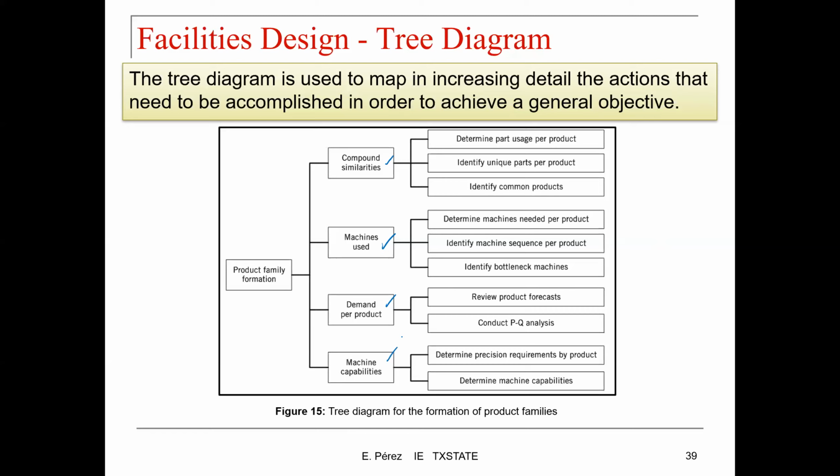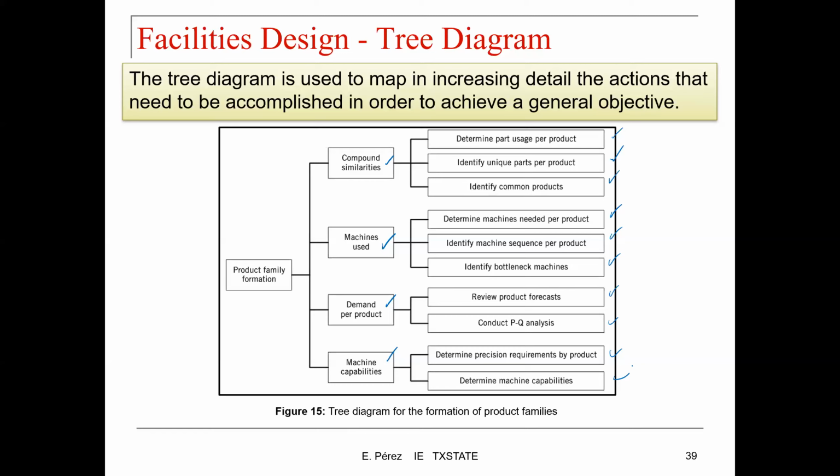And then as you move towards your right, you'll see that those 4 key actions can be split into smaller actions. Those are listed here at the right of the figure. So the usage of the product, unique parts per product, identifying common products. That's what you want to do by finding these families, because when you go to production, you can produce these multiple products that are part of the same family without having to perform too many setups in your production line.